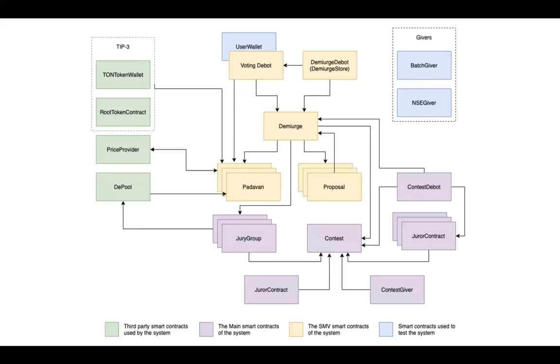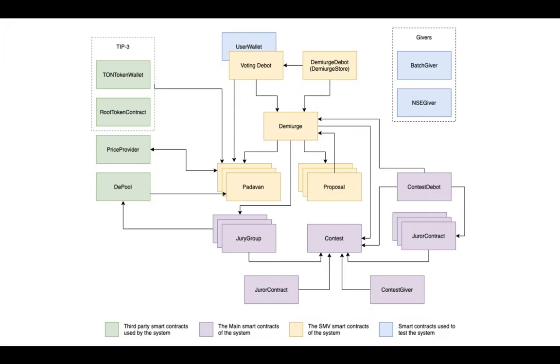So what does it mean? When we vote for a proposal, for example, our 1 ton is 1 vote. But how can we understand how many TIP-3 tokens we need to get 1 vote? So the price provider provides information about the price of TIP-3.